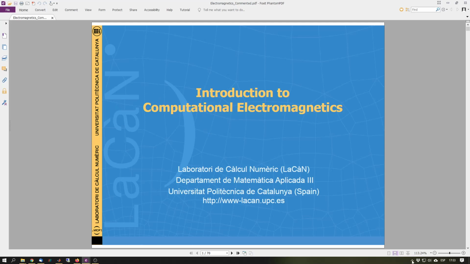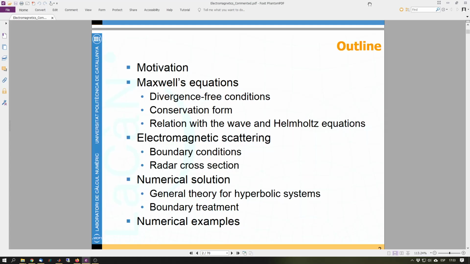So the first thing to look at is the Maxwell equations. These are in fact divergence-free conditions, similar to what we had in fluids, and the conservation form and the wave character of the equations will also be seen from how those equations derive from Maxwell's equations.